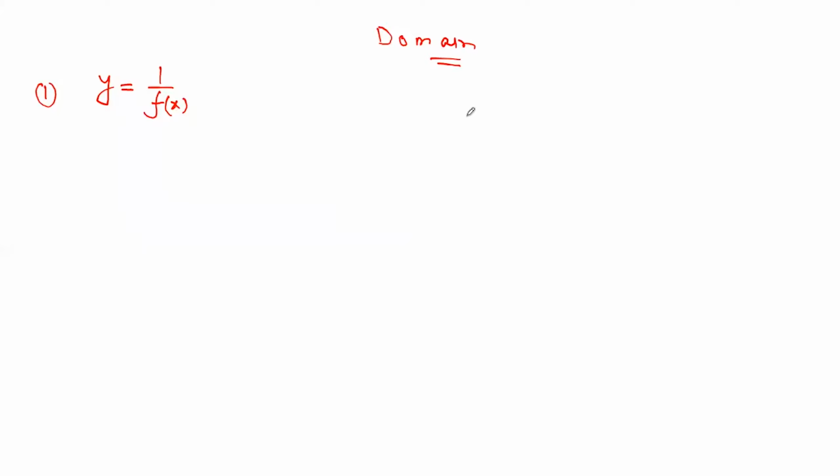We know that if any function is in the denominator, f(x) must not be equal to 0, because 1 by 0 is not defined. Like y is equal to 1 upon (x minus 1)(x minus 2).